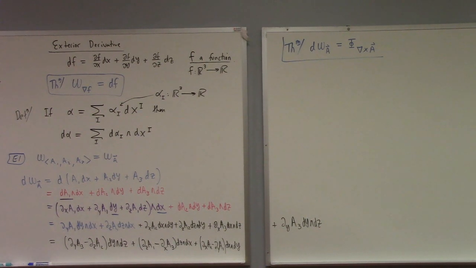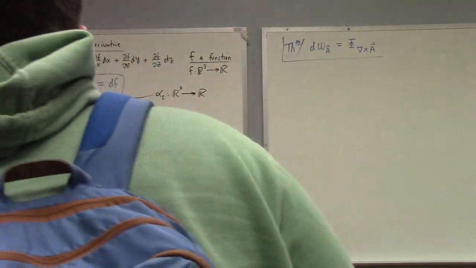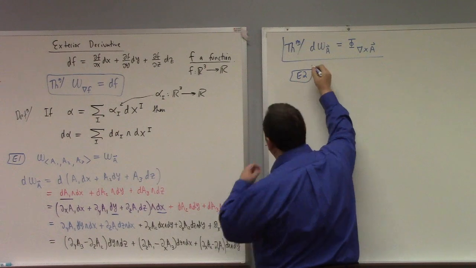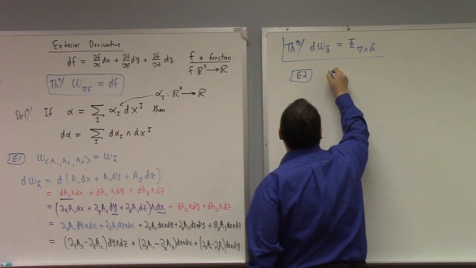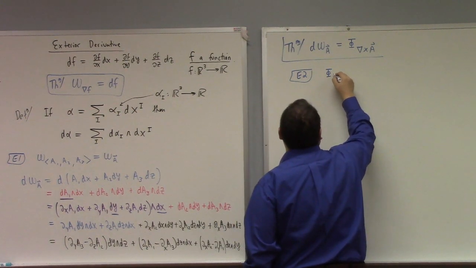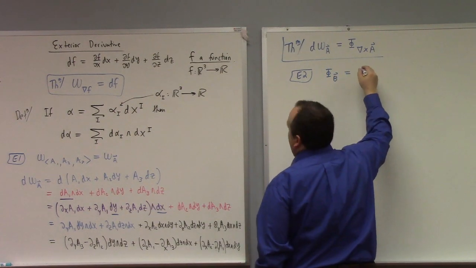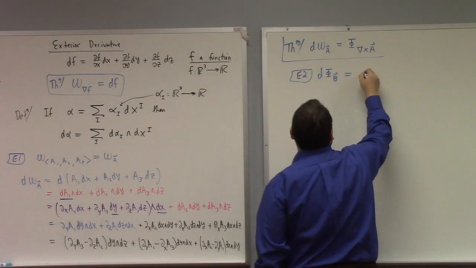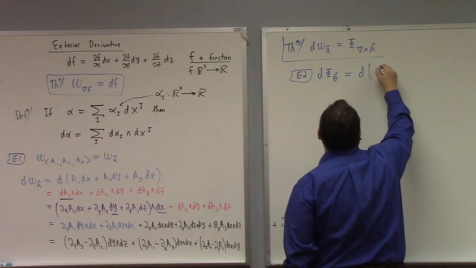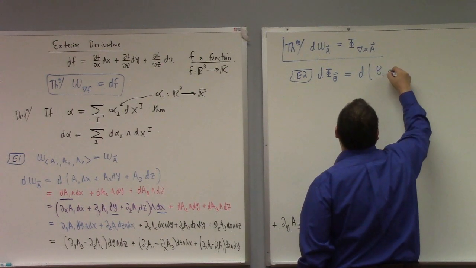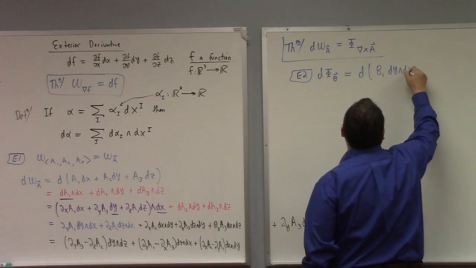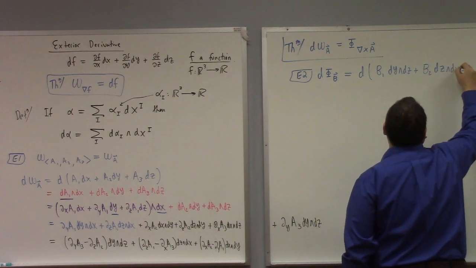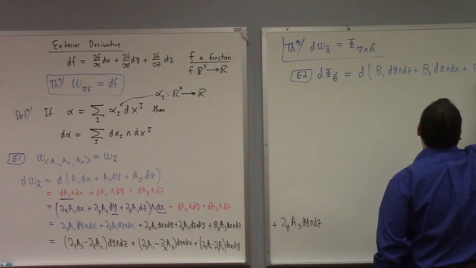What's up next? Well, example 2. We could look at the flux form of a vector field, let's say B. So let's calculate the derivative of that. We're talking about the exterior derivative of B1 dy wedge dz plus B2 dz wedge dx plus B3 dx wedge dy.